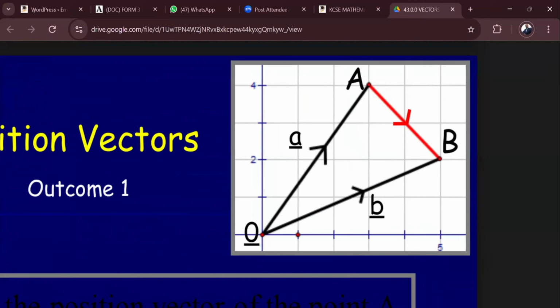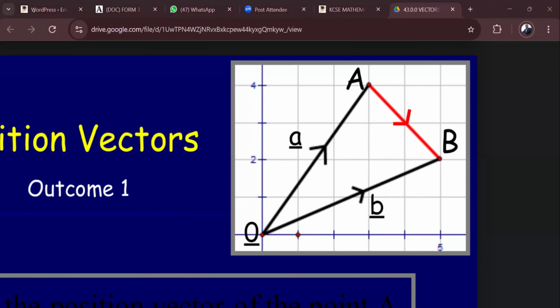If you're told to get vector AB, you want vector AB, not the position, not the modulus. You are told to find vector AB, so you're moving from A going to B. We assume that there is no route between A and B, but the routes given are AO and OB.